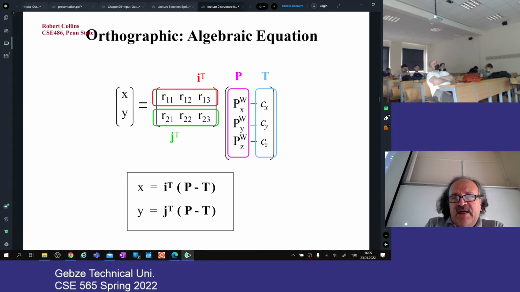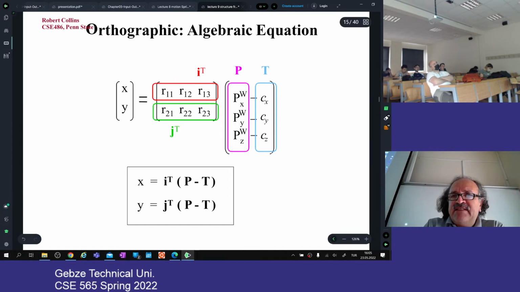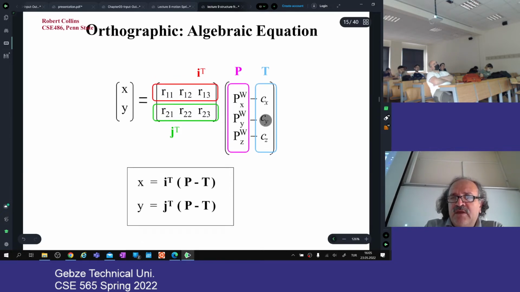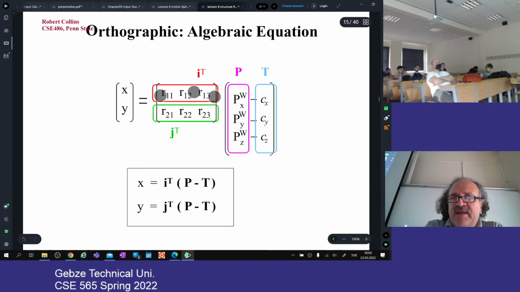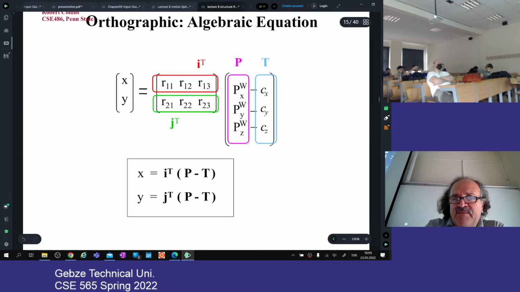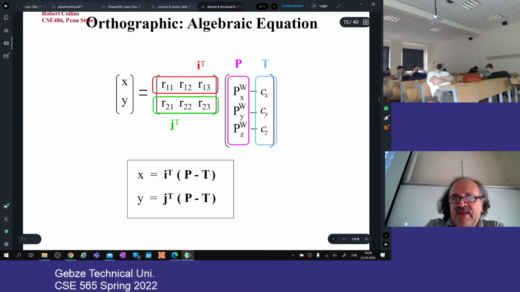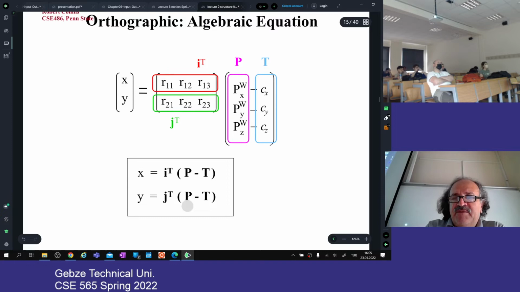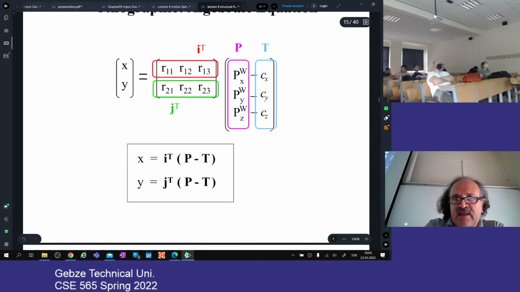If I take the first row of the rotation matrix, it, times p minus t is equal to x, and jt, the second row of the rotation matrix, times p minus t equals y.